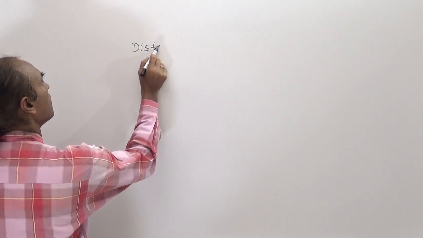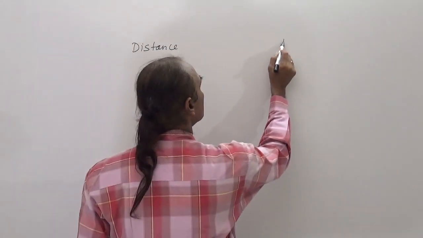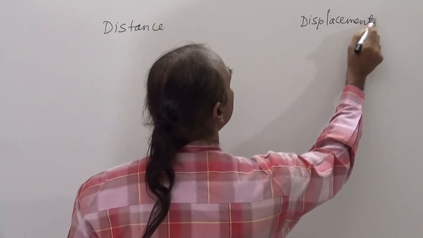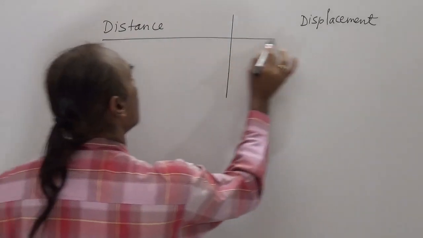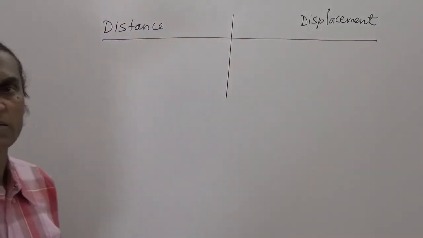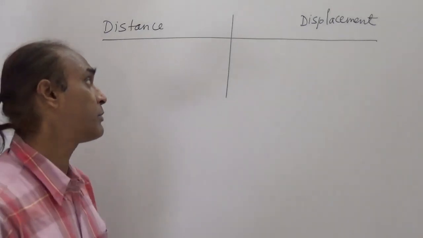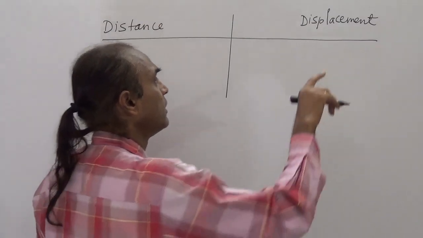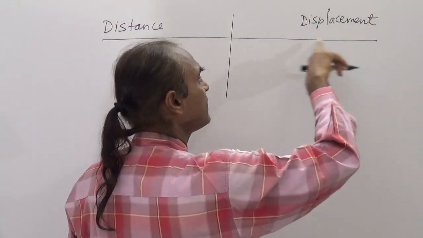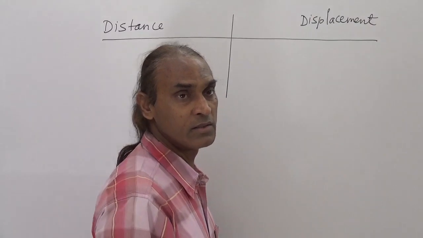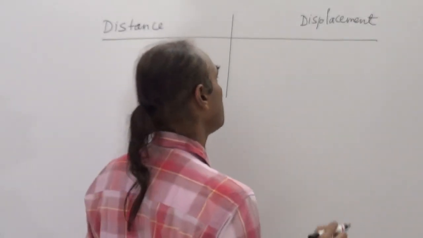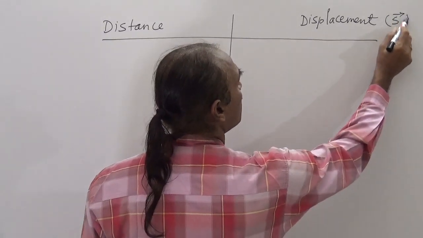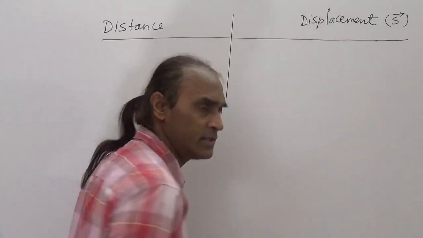Distance and displacement. Even though these two things will be discussed in the chapter of kinematics, without referring to distance and displacement, we cannot start the vector and vector addition, because for vector addition, the displacement vector is the fundamental entity.